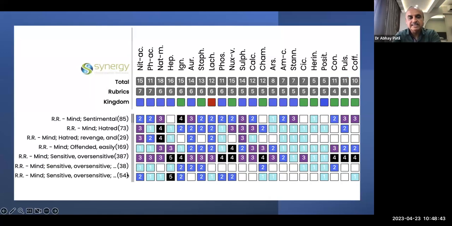So if I repertorize, if I take these synonyms and these rubrics, sentimental, hatred, revenge, offended easily, oversensitive to reprimands, oversensitive to issues, you are finding remedies like nitric acid, phosphoric acid, natrum, hepar, ignatia, staphylococcus aureus, lachesis, phosphorus, chamomilla.